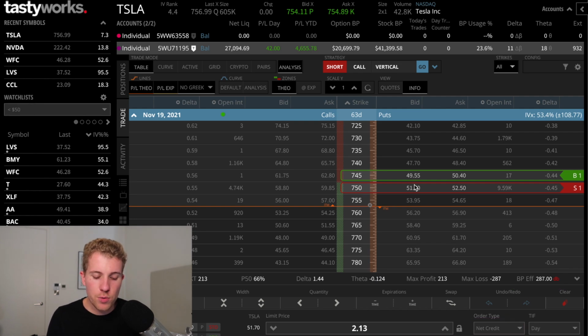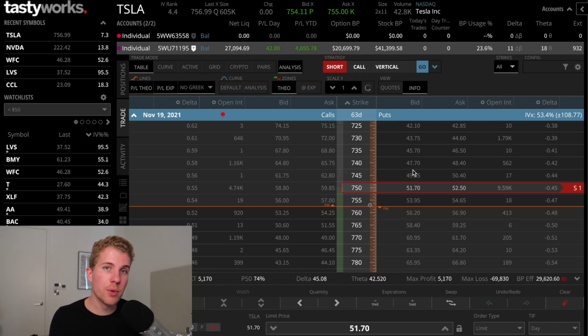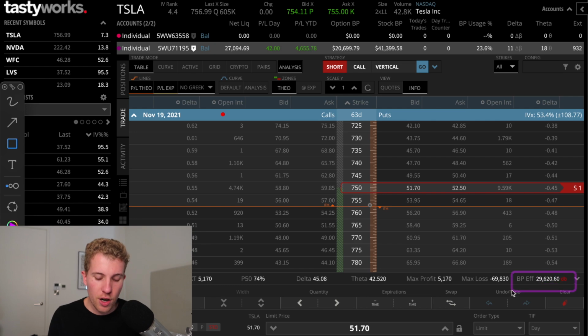Compared to that, if I was willing to just sell the naked option, what do you think is the buying power required? Well, if I try to sell a naked option on Tesla, I would need a buying power of $30,000. So you can see that there is quite a big difference. I actually didn't expect to see such a big difference, to be honest, but it can be quite useful to trade credit spreads or debit spreads because you have such a lower capital requirement.